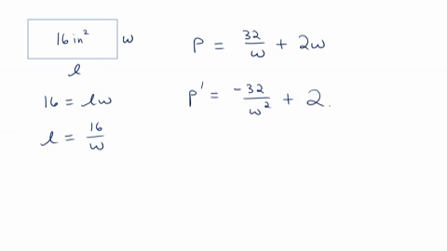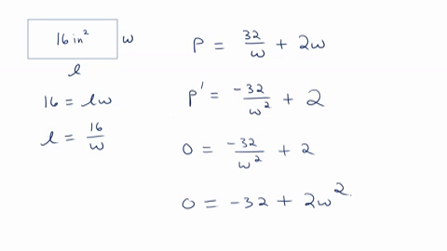Now we want to set the derivative equal to 0 and solve. So 0 equals negative 32 over W squared plus 2. Multiplying both sides of the equation by W squared gives us 0 equals negative 32 plus 2W squared.